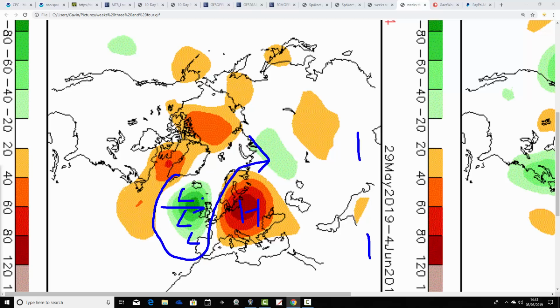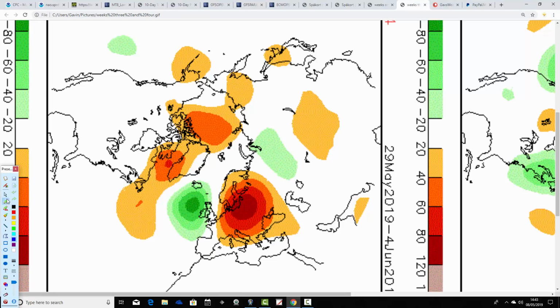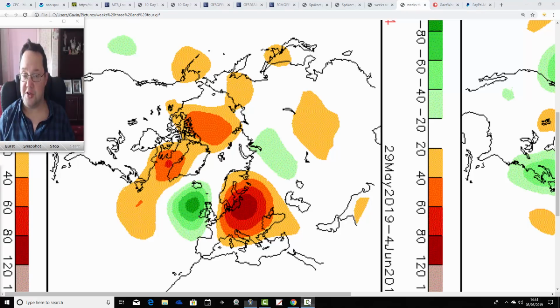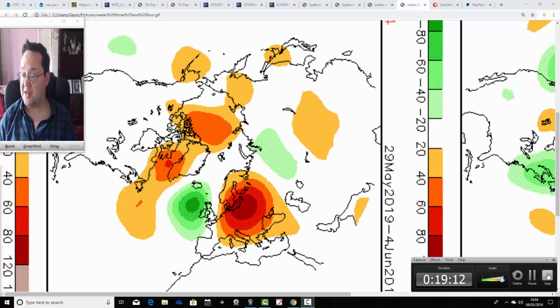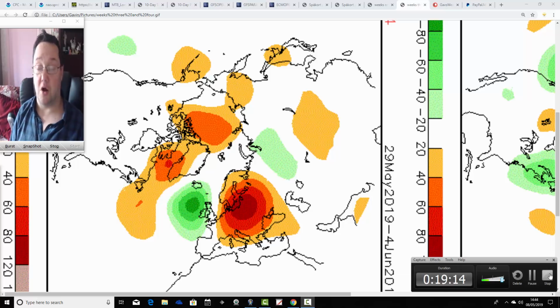Low pressure would be bringing rain from off the Atlantic, possibly hinting at a cooler and more unsettled start to June. There is a hint of a little bit of northern blocking as well, close towards Greenland. So maybe very end of May, beginning of June, something cooler and more unsettled being implied. But that's week 4, so it's a really, really long way off.